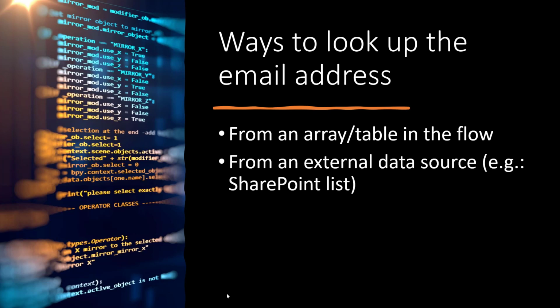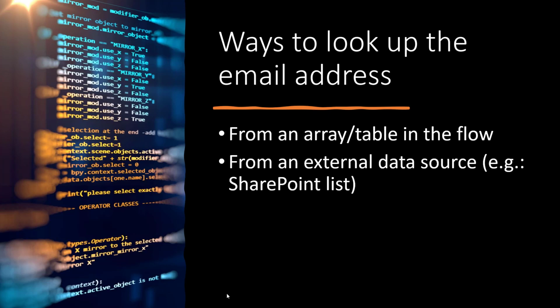The other option, which is a little more flexible, is if you know that the people associated with these, especially if you're using roles or categories, will change, then you'll want to store that in an external source.